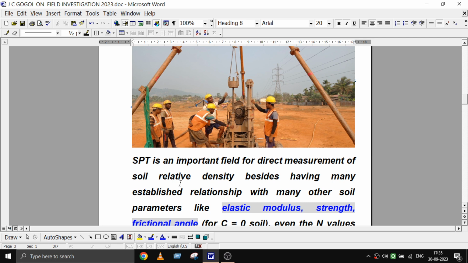And another problem is that these tests can be very smoothly conducted in soft clay deposits.